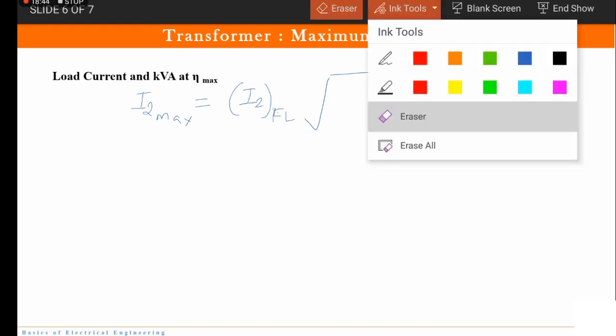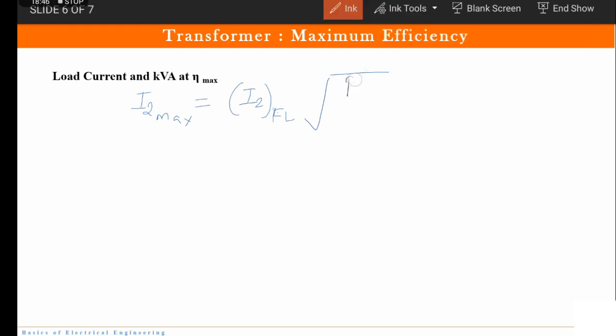So here also I will write Pi only, at full load. Okay, this is again a very important parameter. Fine. All other things we have already calculated.